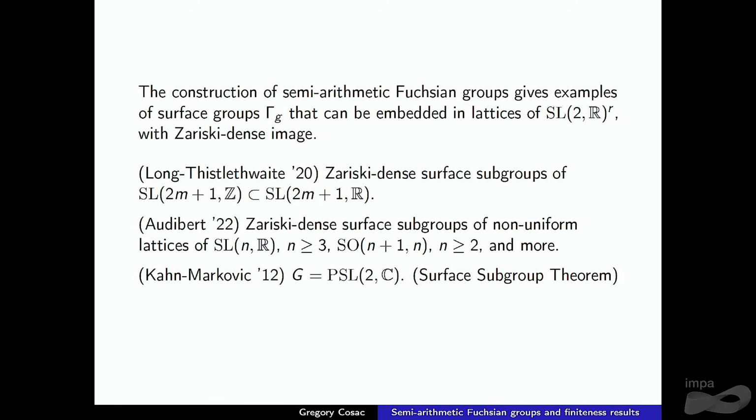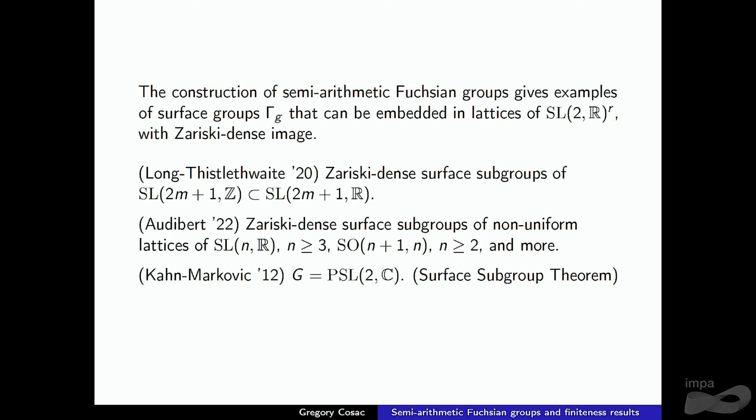I listed here a couple of examples of results, for the sake of reference. Long and Thistlethwaite proved in 2020 the existence of Zariski dense surface subgroups inside of SL_n(Z), inside of SL_n(R) for n odd, and then Audibert in 2022 did the same thing for SL_n(R) for all n at least 3, and a bunch of other Lie groups.